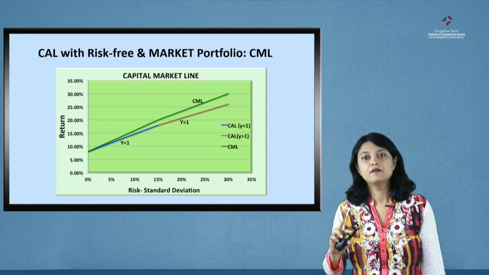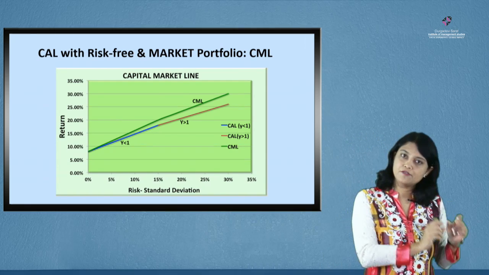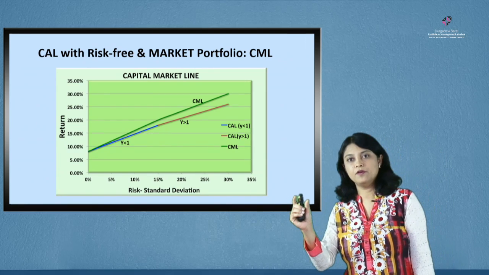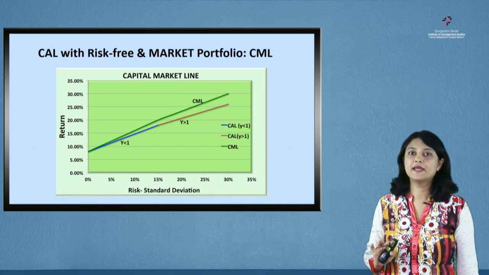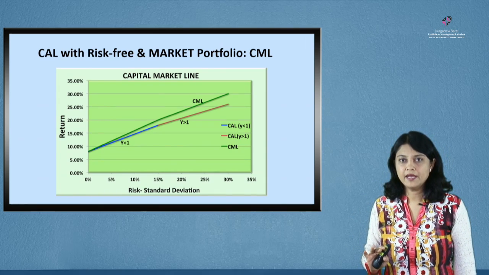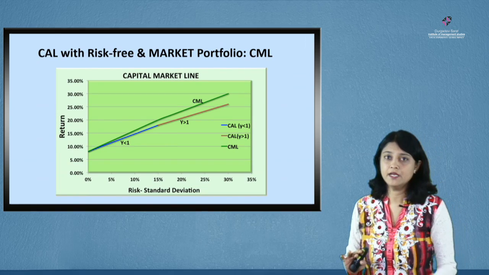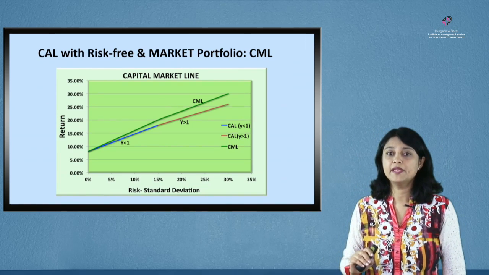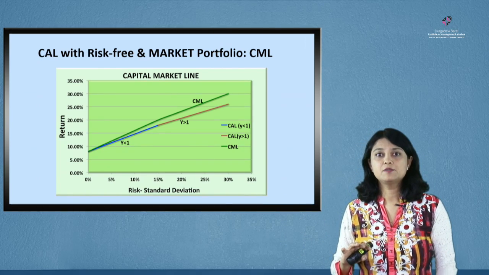Now this line, the capital allocation line between the risk-free portfolio and the market portfolio as a risky portfolio, will be called the capital market line. And as you can see in the graph, the capital market line generally supersedes, it is superior to any other capital allocation line as per some theories.